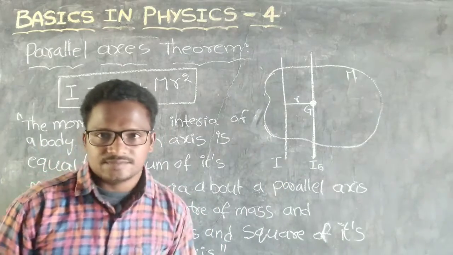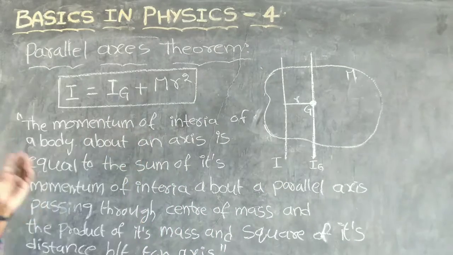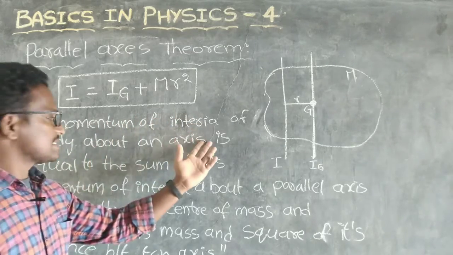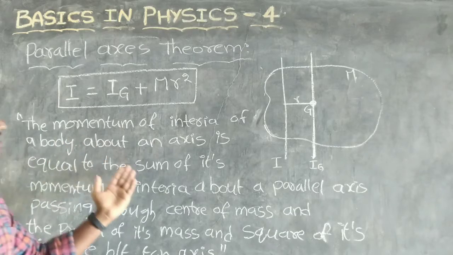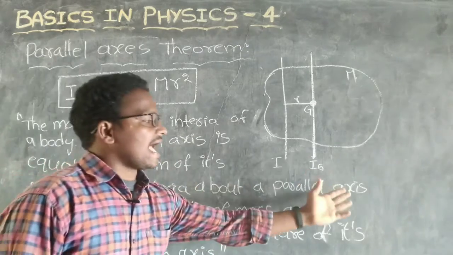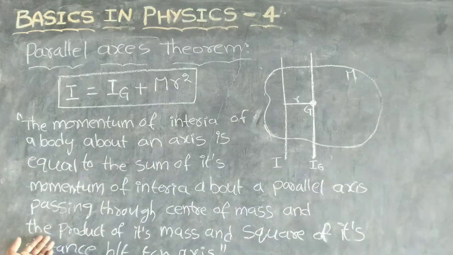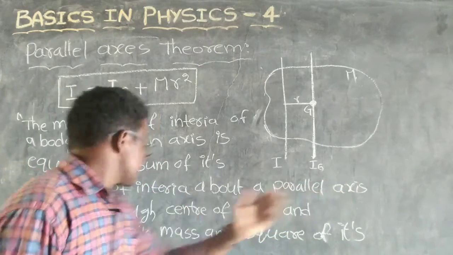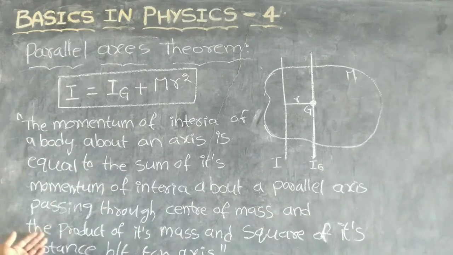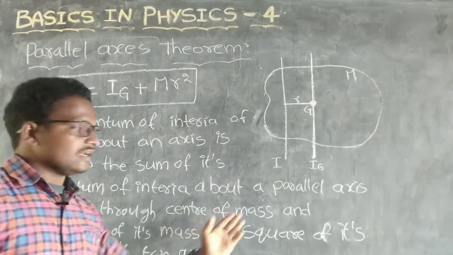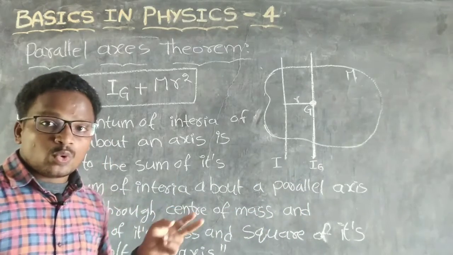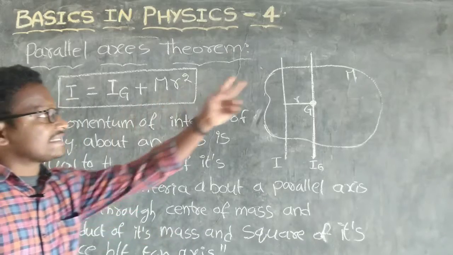Can you understand? See the definition once. The moment of inertia of a body about an axis is equal to the sum of its moment of inertia about the parallel axis passing through the center of mass, and the product of its mass and the square of the distance between the two axes.